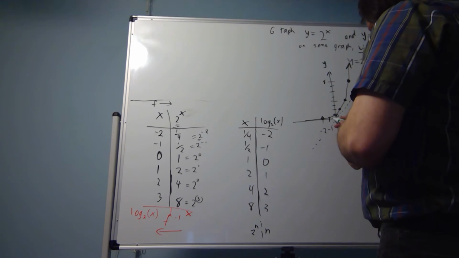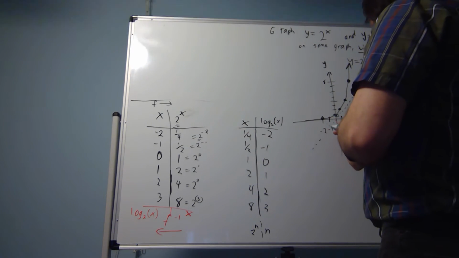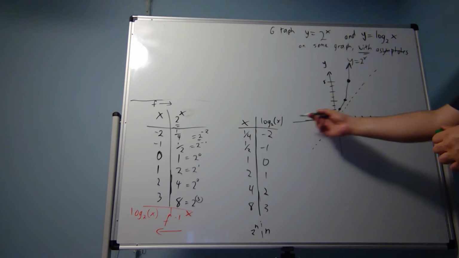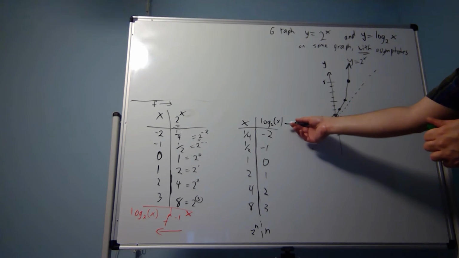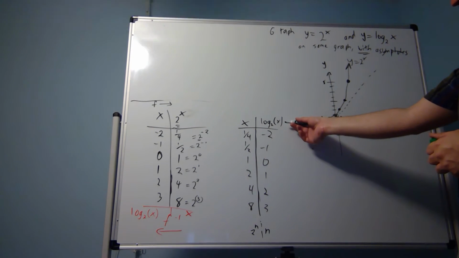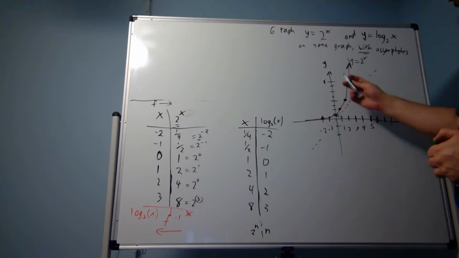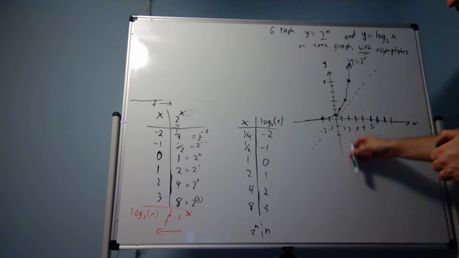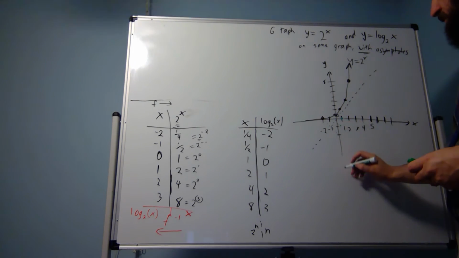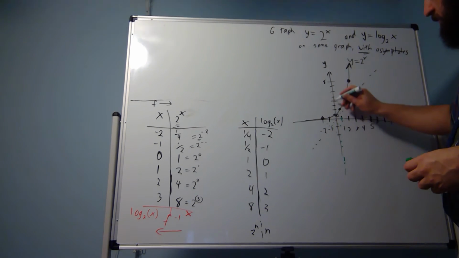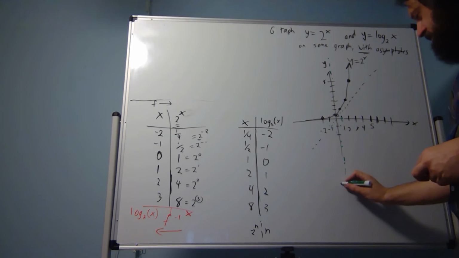And it looks like this here. If I'm being very, very careful, the horizontal asymptote for an exponential is horizontal at y = 0, and then the logarithm has a vertical asymptote at x = 0.